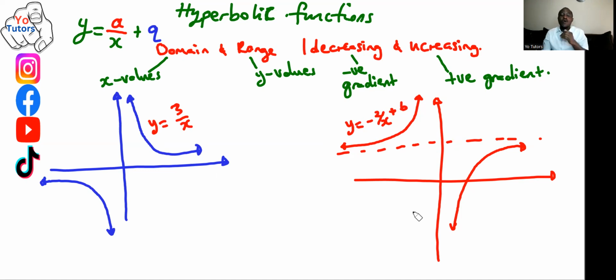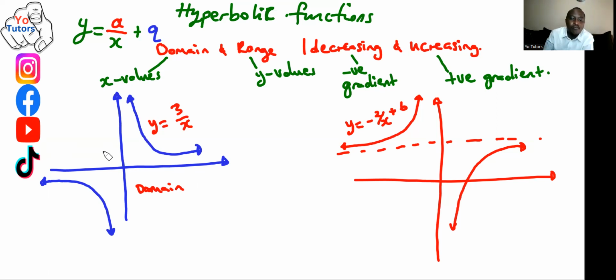Now, we want to know what the domain is. So let's start with this one here. Domain, remember, is the set of x values. But remember, we only have one asymptote where we are saying it does not touch x equal to 0, the y-axis.